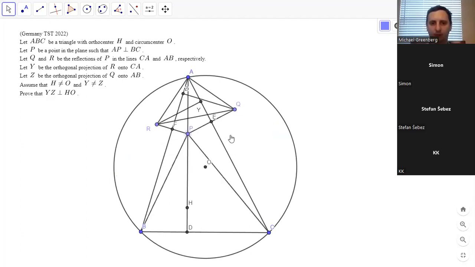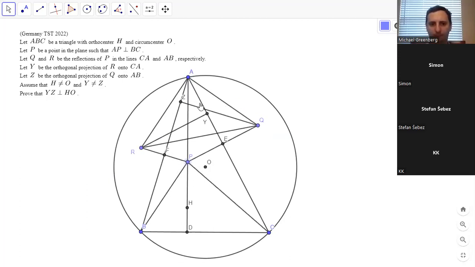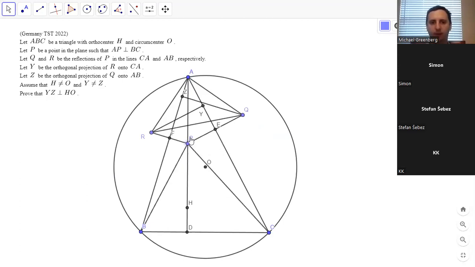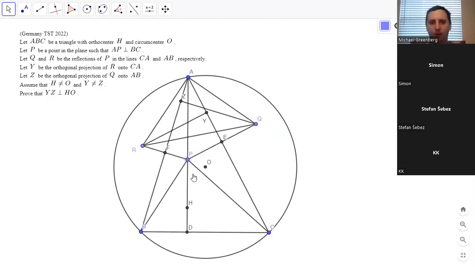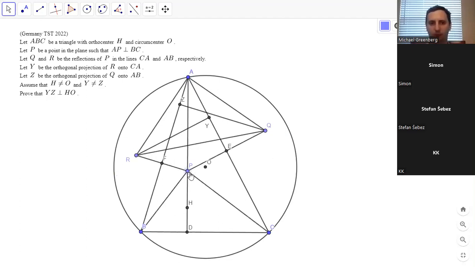So all these points stay the same shape, but they just get scaled. And so YZ keeps being parallel to where it was before.